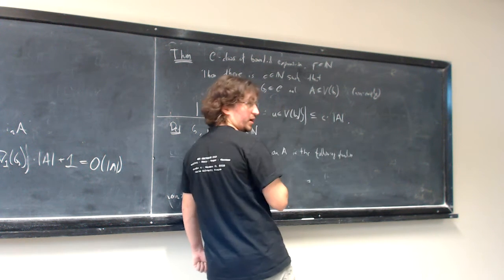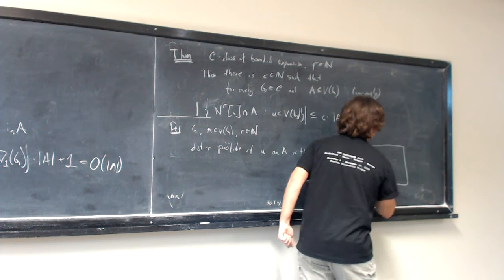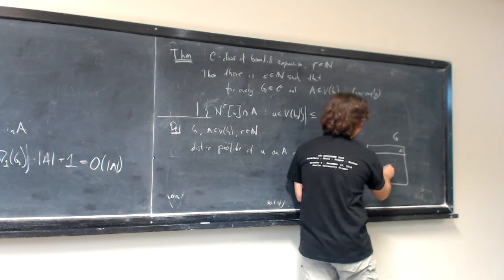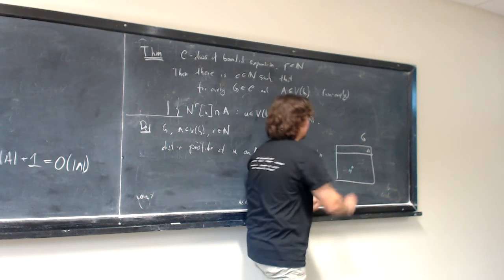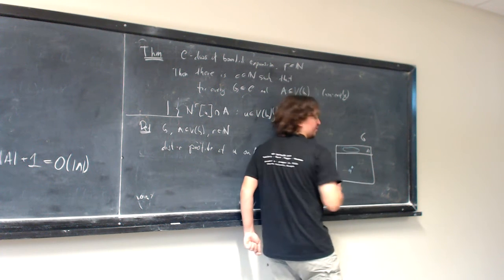Maybe before I write you the function, I will draw a picture. Here's my graph, here is my set A. Here I've got some vertex, and I would like to understand the interaction between this vertex and A. So the simplest possible interaction is just the distance r neighborhood.